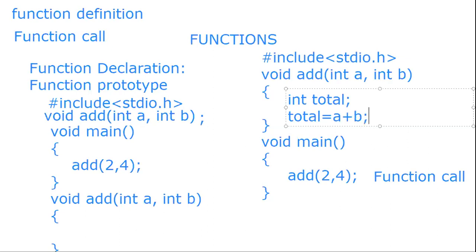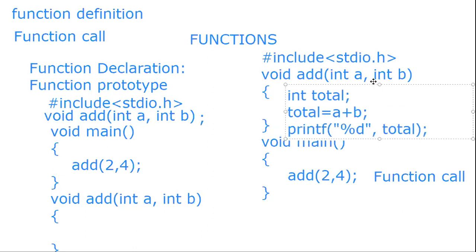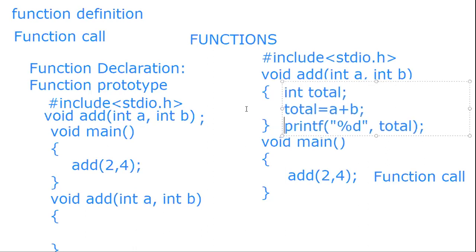I'm just writing the print here itself because of space. We have printf because it is int, percentage d, comma total, right? Fine. So these 3 lines are inside this bracket.